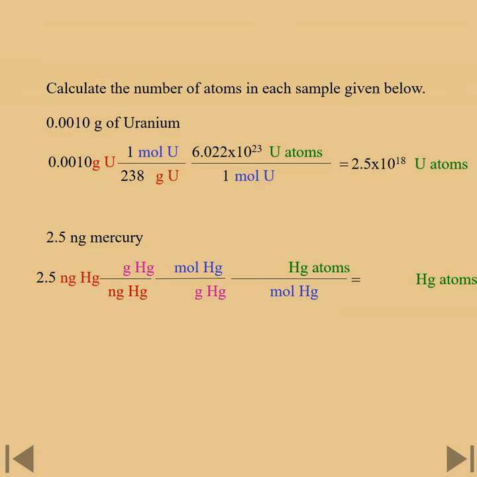1 nanogram, 10 to the -9th gram, base 10 number, still going with the base unit. And then from the periodic table, we see 200.6 grams per mole for the molar mass of mercury. And again, 6.022 times 10 to the 23rd mercury atoms per mole, Avogadro's number.